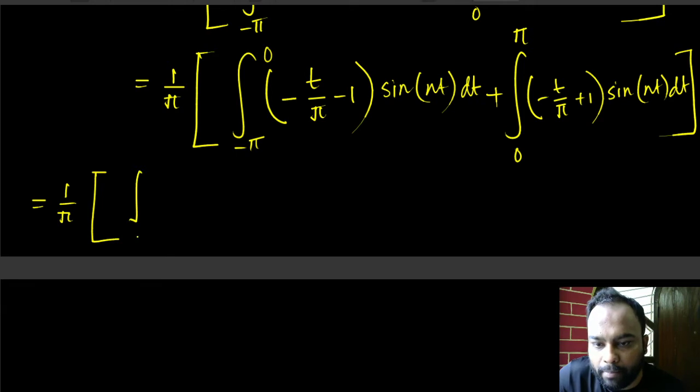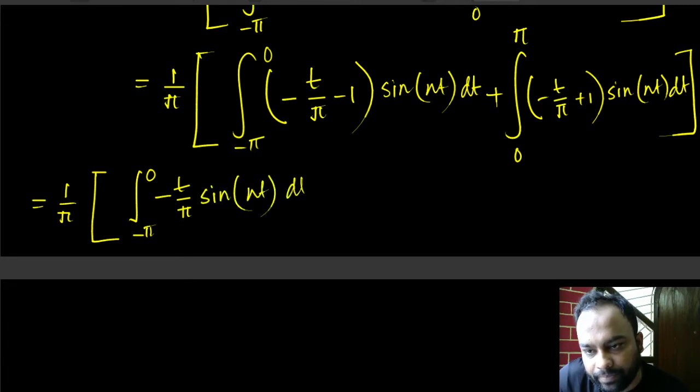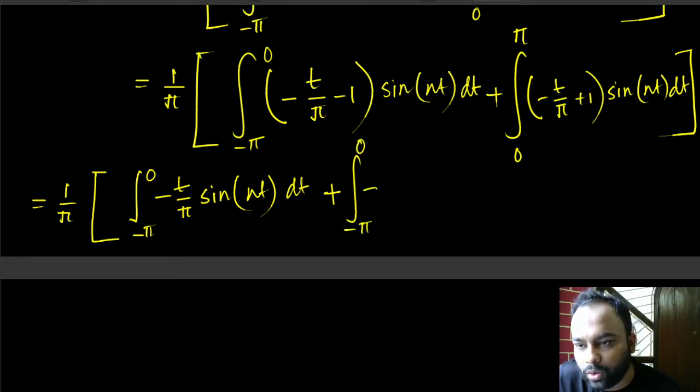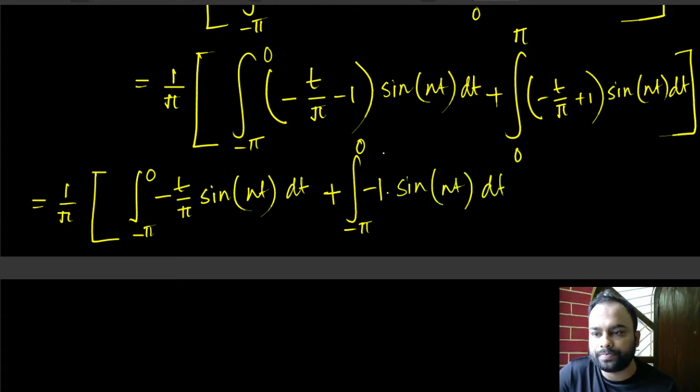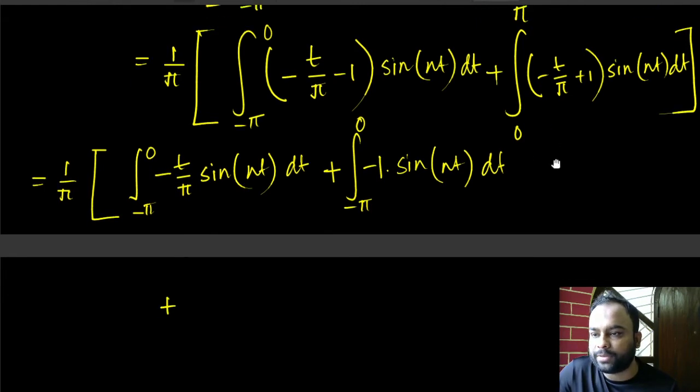So we have from minus pi to 0, minus t by pi sine nt dt, and then let's put a plus sign, minus pi to 0, minus 1 into sine nt dt. So we have split this portion, right? And we're writing plus, and now we split this portion.